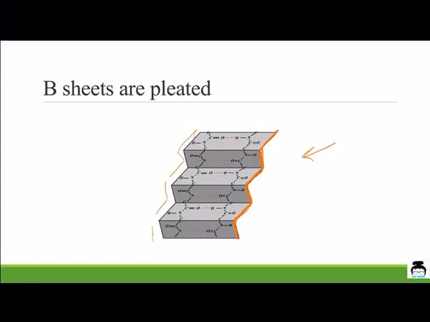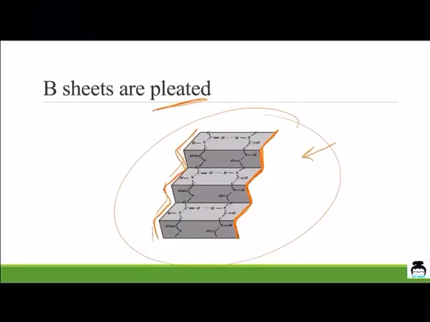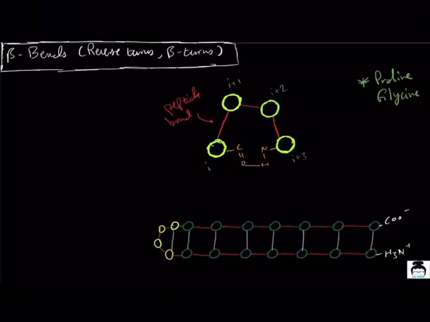This shape is called a pleat. When it goes upwards, downwards, upwards, downwards, or outwards then inwards, and outwards and inwards, this is called a pleat. So all beta sheets, both parallel and anti-parallel, are pleated.